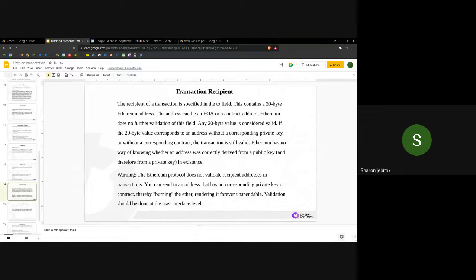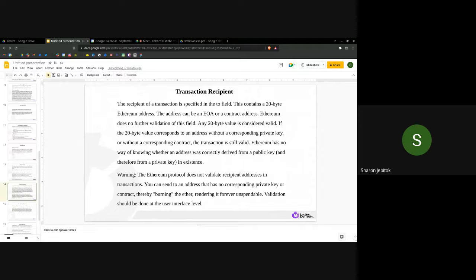So validation should be done at the user interface level. This is just a warning that, let's say you send to an invalid address, that field will be considered valid, and obviously the transaction will be successful.